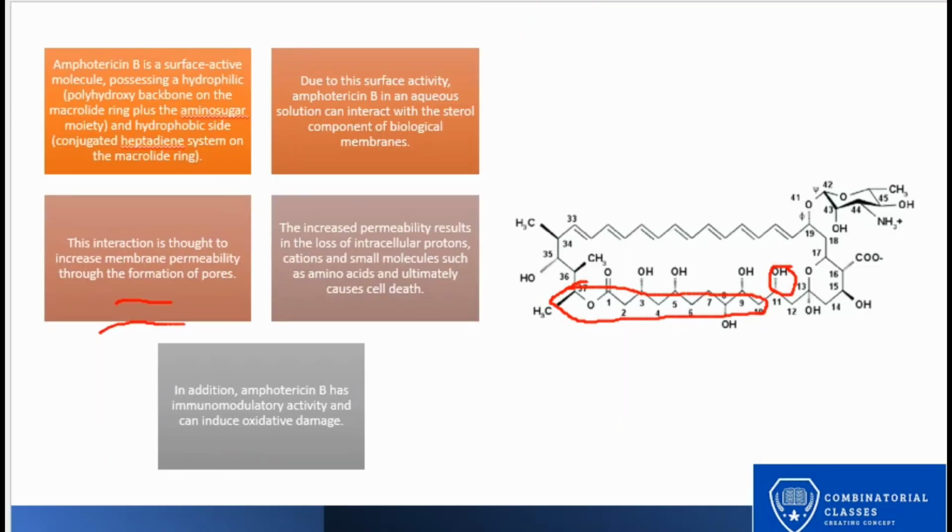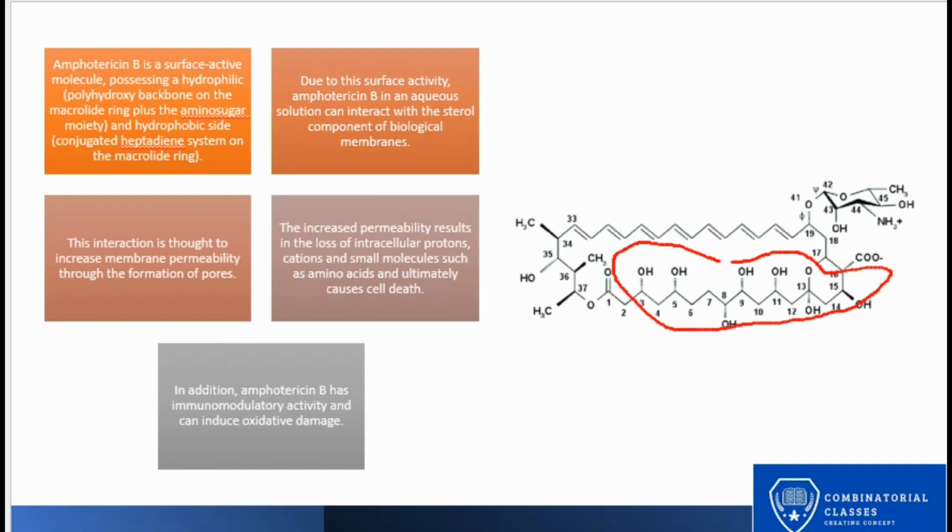Amphotericin B is a surface active molecule. This is a surface active molecule because it has hydrophilic character due to the presence of hydroxy groups. These hydroxy groups produce hydrophilic character in the molecule, and polyhydroxy, you can see this is the macrolide ring in which amino sugars are attached.